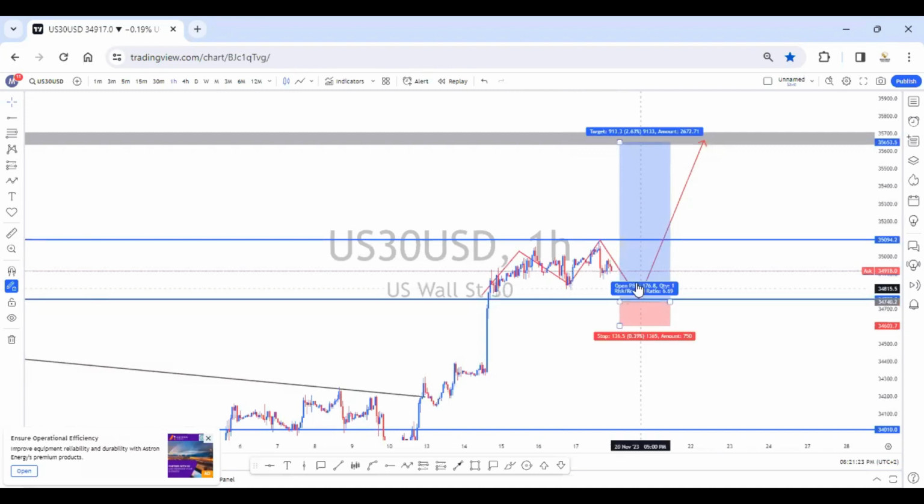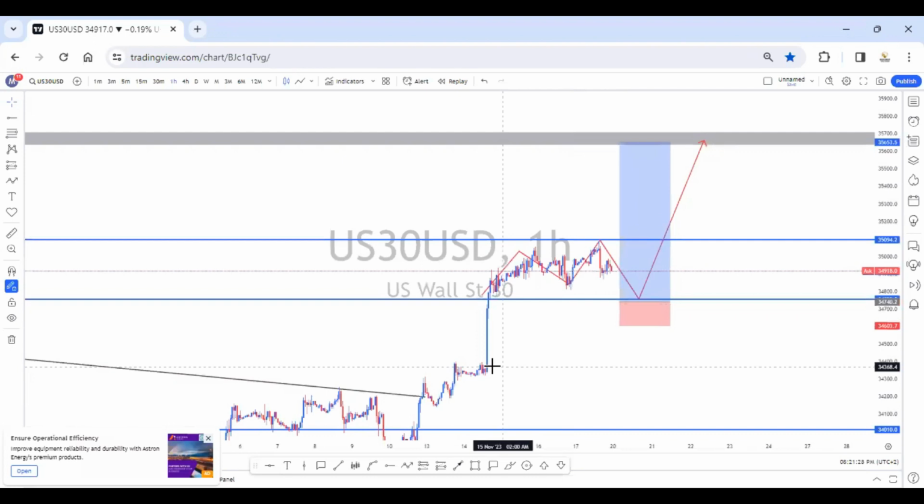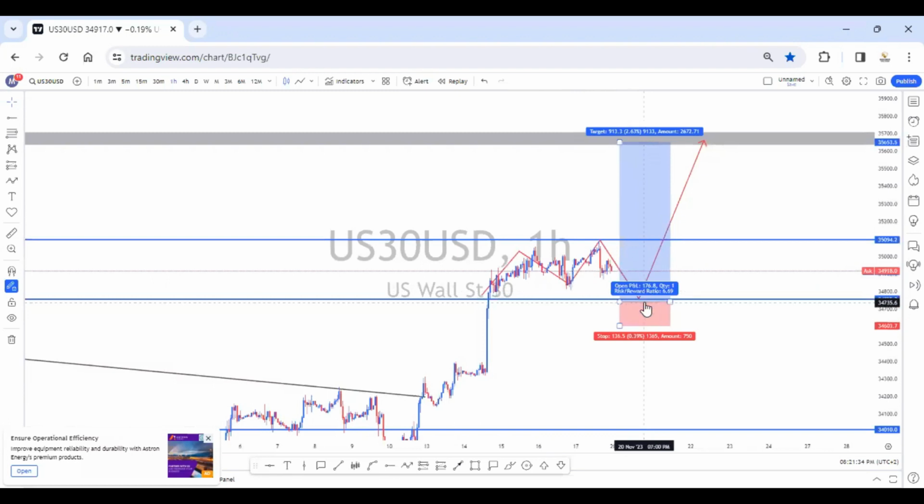Once it's broken here, I will think something else. But once it's broken and retested, I will be expecting the market to bounce to this level. But if we don't break here and we find ourselves rejecting, I will be expecting a buying opportunity. Normally, if we still push to the downside, I'm expecting the market to push to the upside. It's a plan. That's my analysis. This is the analysis, it's telling me like that.